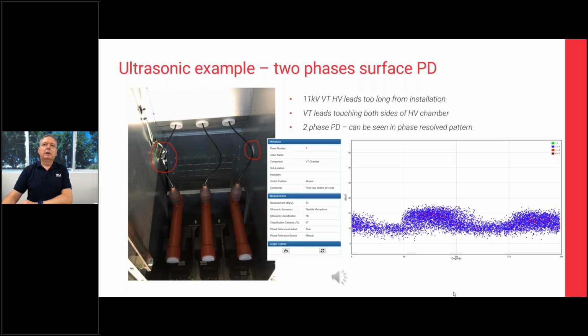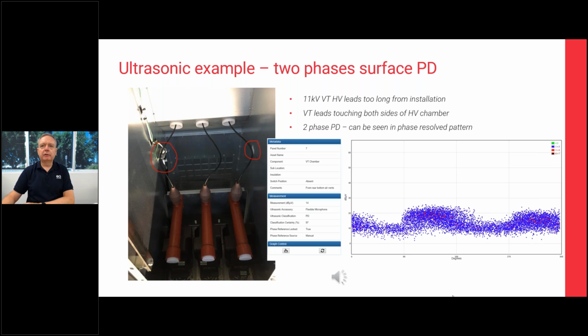Okay, let's move on to surface discharge. This is an example of a defect that was found inside a voltage transformer using the ultrasonic testing technique.